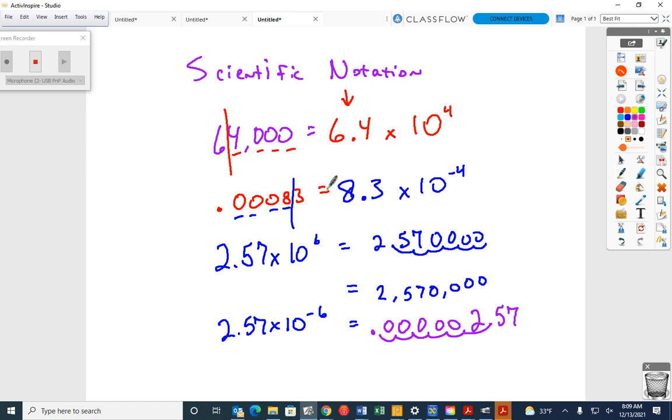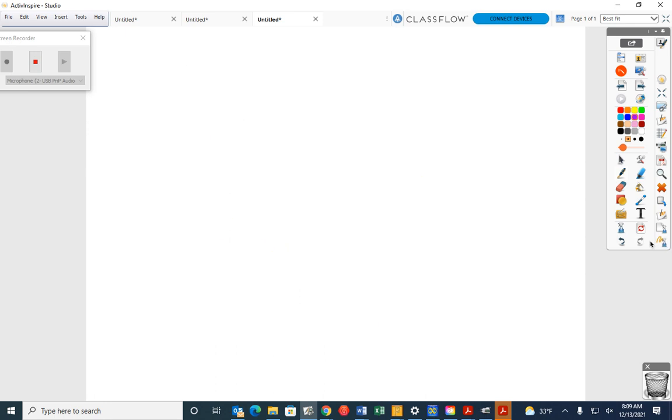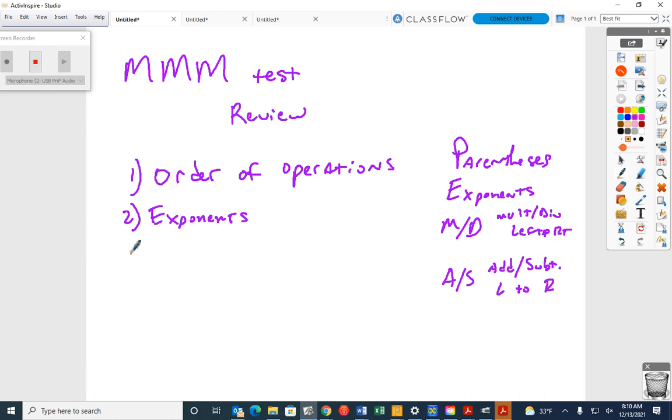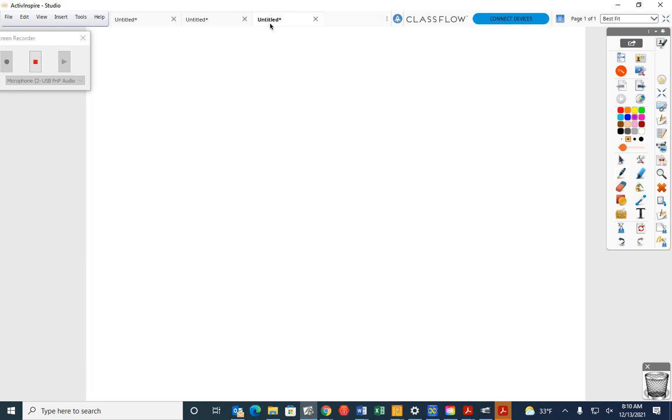What is a perfect square? By the way, this is the next part. This is roots. What's a perfect square? Somebody tell me what a perfect square is. Jordan, what's a perfect square?